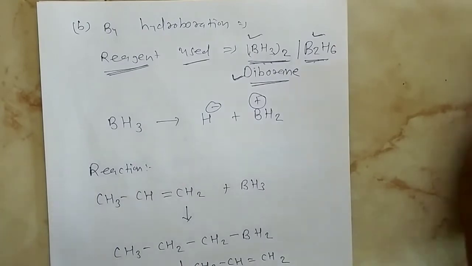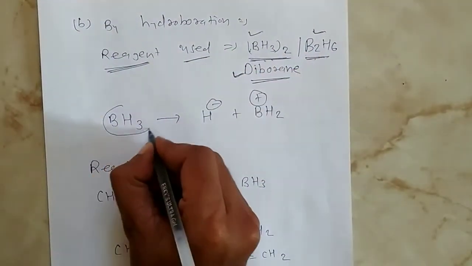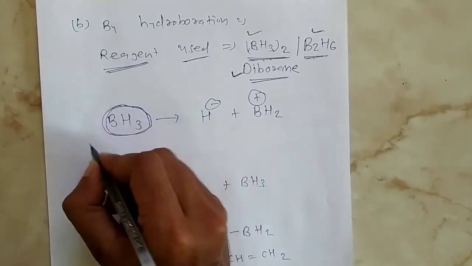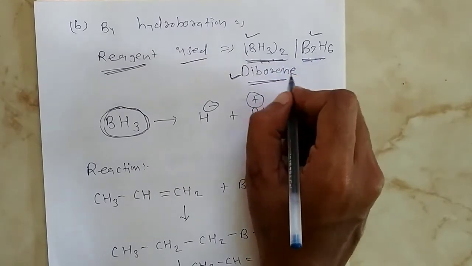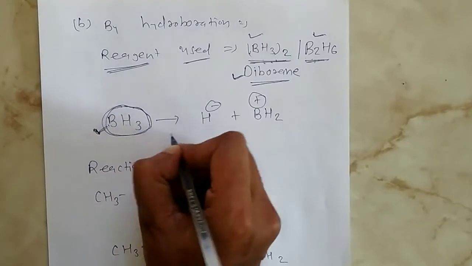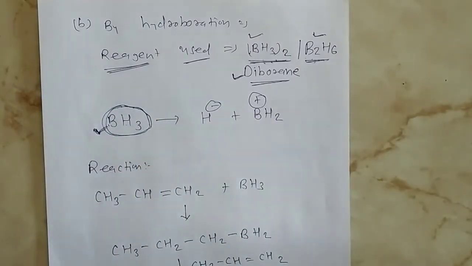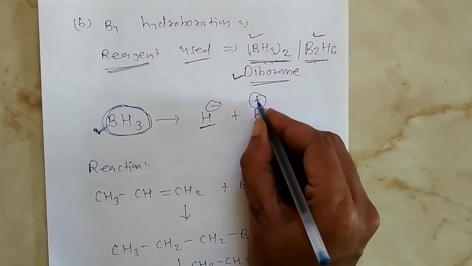Now here we are going to react this part only, BH3. You have to write B2H6 or BH3 twice, but in the reaction show this part only, BH3. Now BH3 has an advantage here: it can break into 2 ions, that is H minus ion and BH2 plus ion.